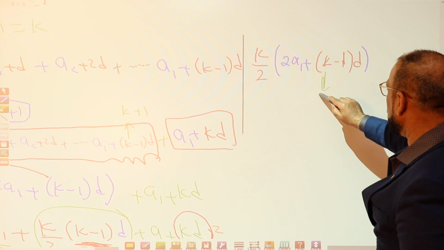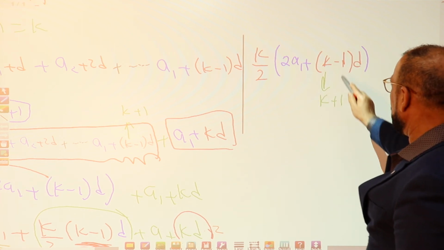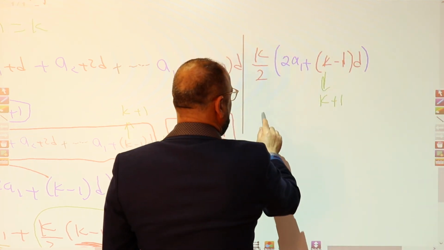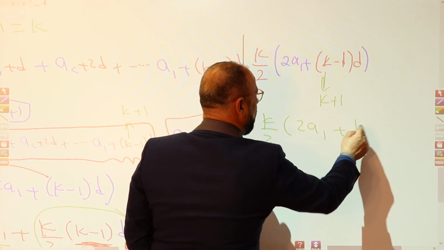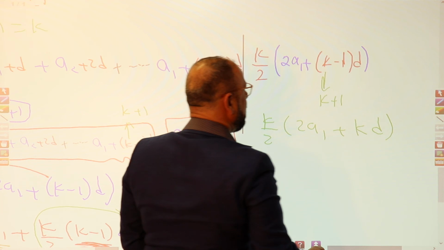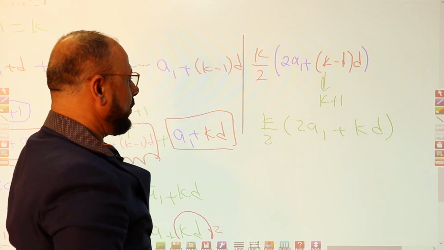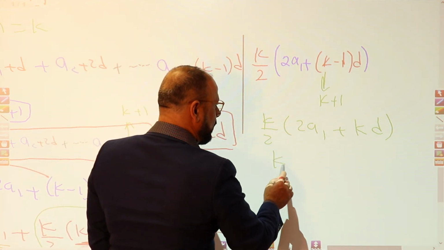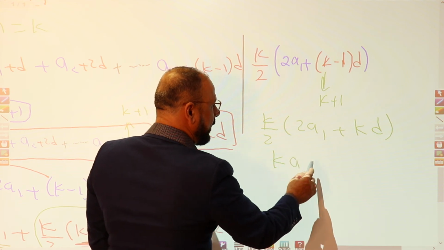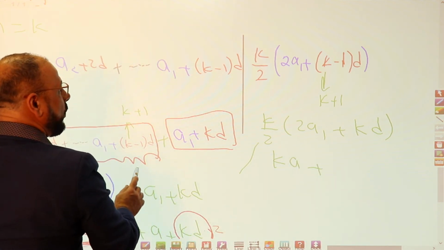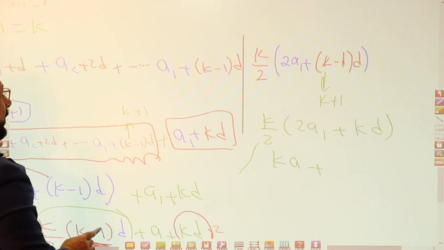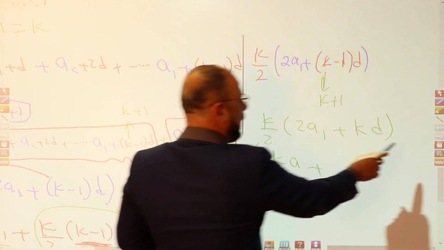This k, we needed to change it to k plus 1. Because then k over 2, 2a1 plus k d, right? Which is k over 2 multiplied by 2a1 plus k minus 1 d. We have to change this to k plus 1, any k, I'm sorry.